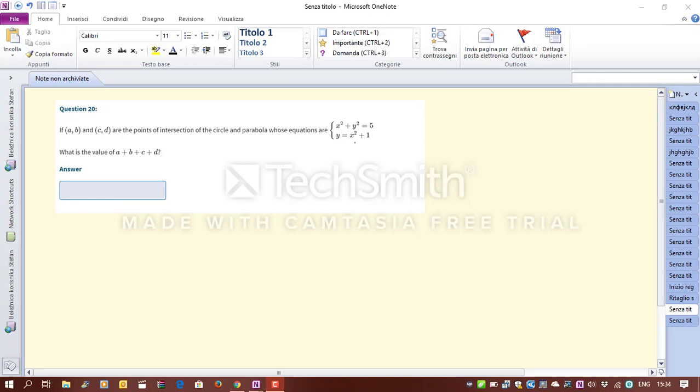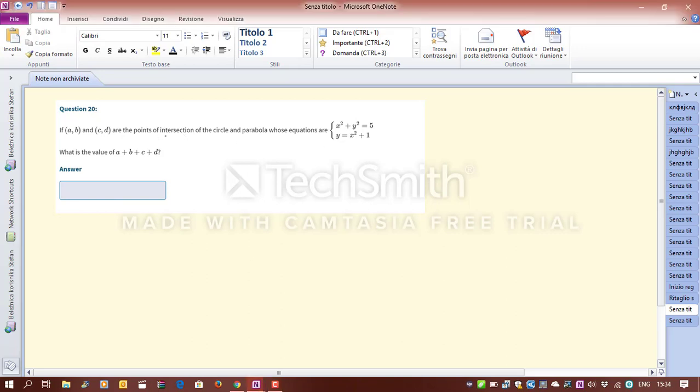Okay, when you have this kind of problem with intersection, in this case circle and parabola, the best approach is to replace one variable from one equation into another equation.